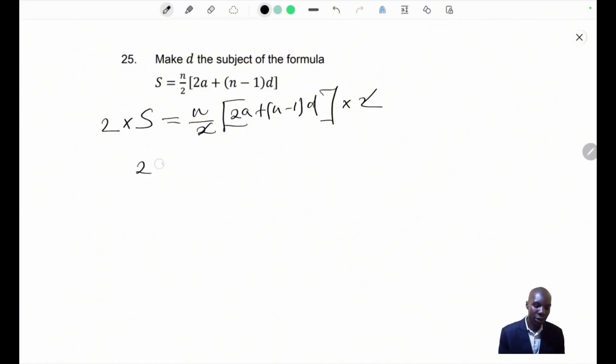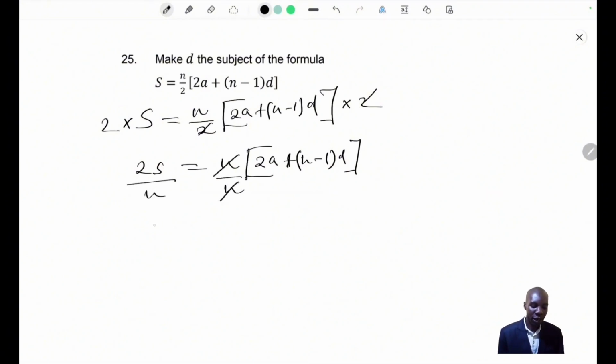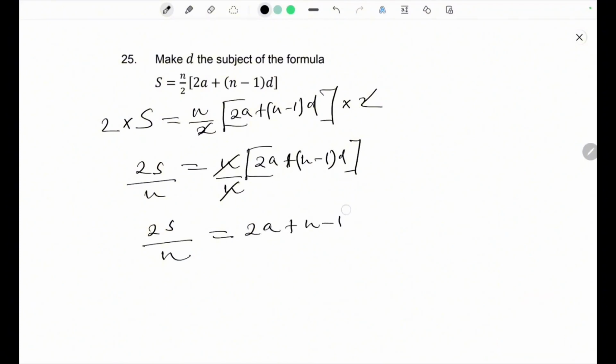So we'll have 2s is equal to n in bracket 2a plus, can we open the small bracket? No. Let's just continue and leave it the way it is, like that. What about now if we divide both sides by n, that one cancels out, then we have 2s over n should be equal to 2a plus n minus 1 in bracket d.